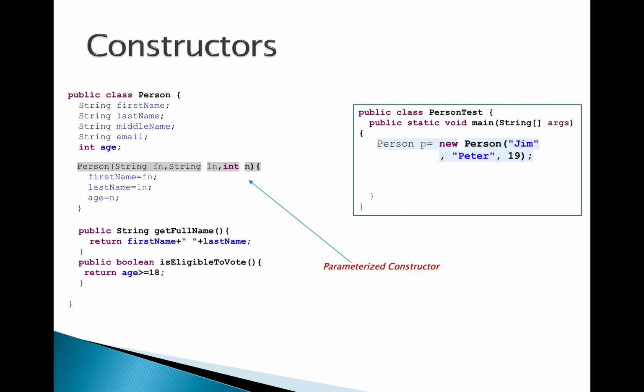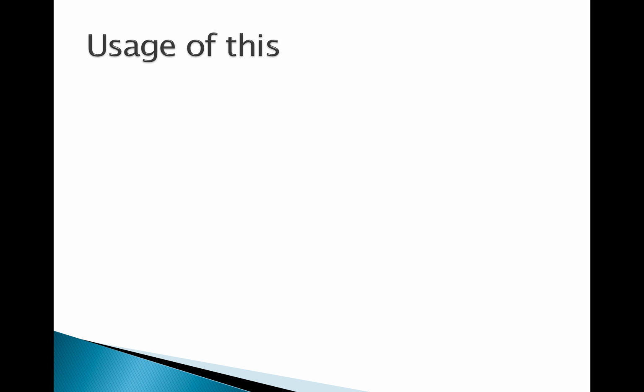So instead of calling addPerson, I just moved the John, Peter, 19 actual values into the part where I am creating the object. So here I create the object, I initialize the values while I create the object itself. I don't need to write a separate method for initializing it. I do that as part of the object creation activity.